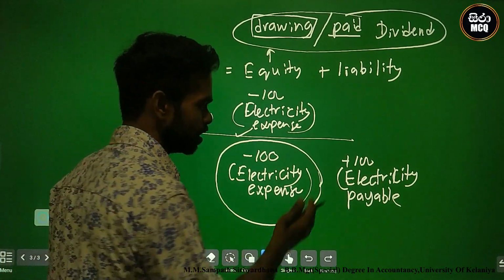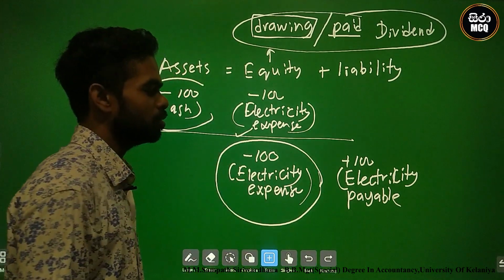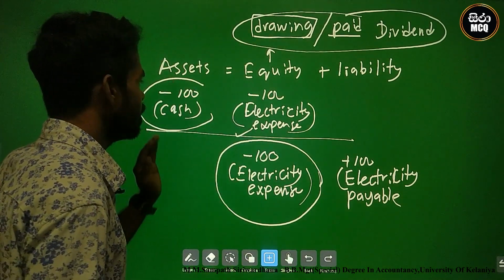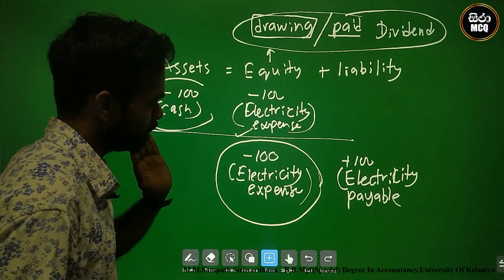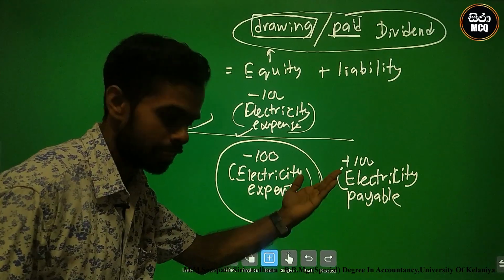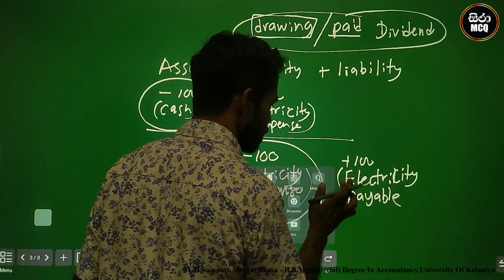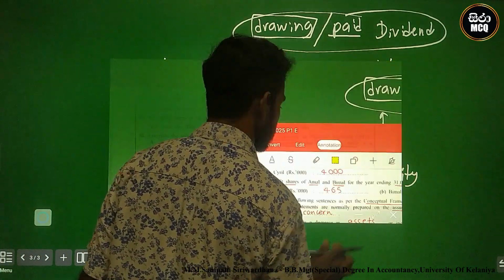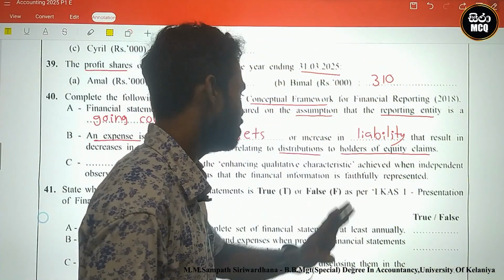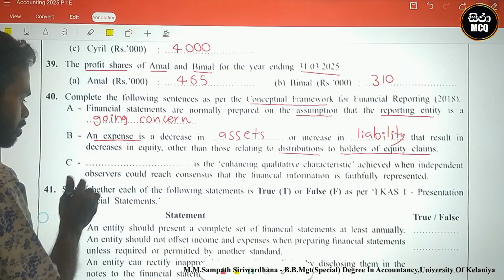What is the other way? Increase in liability. Therefore there are two ways of identifying the expense: asset decrease or liability increase. Okay, let's see the final one.